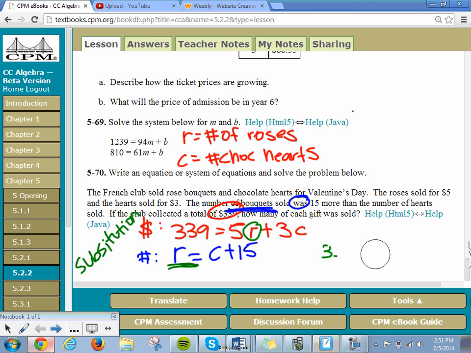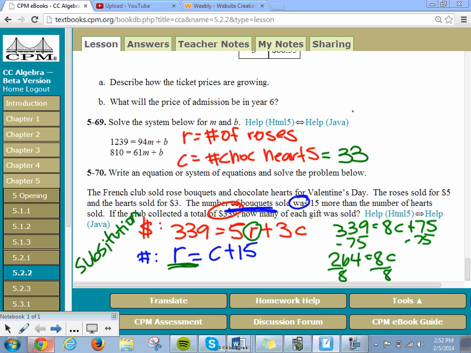So I've got a 5C and a 3C. That's going to combine to 8C. I'm going to rewrite this. 339 is equal to 8C plus 75. So I'll subtract 75 from both sides. 339 minus 75, 264 is equal to 8C. Dividing both sides by 8.